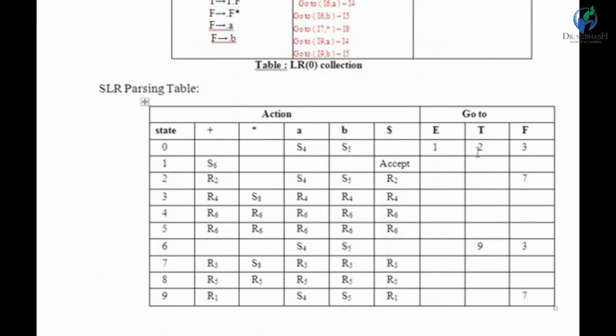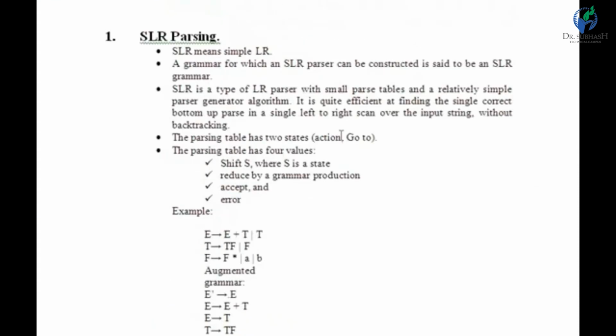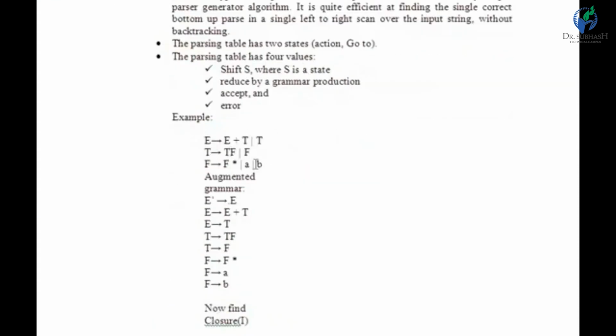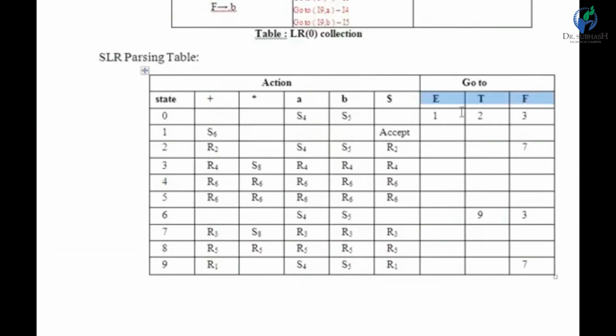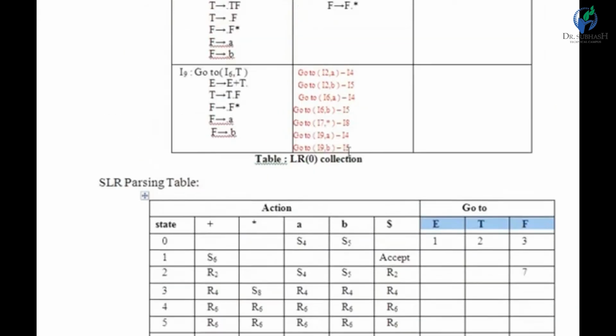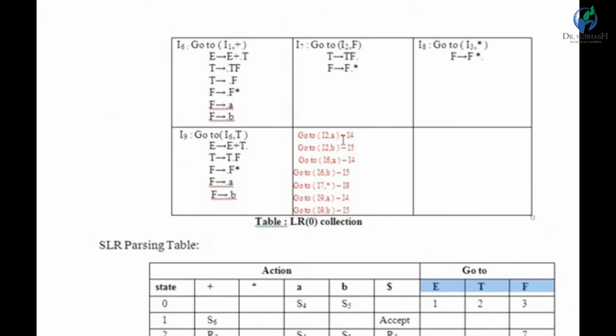In the go to part, you use all the non-terminals of the given grammar. Here in this grammar, E, T and F, three non-terminals are used. For the parsing table, you have to check this whole LR0 collection.